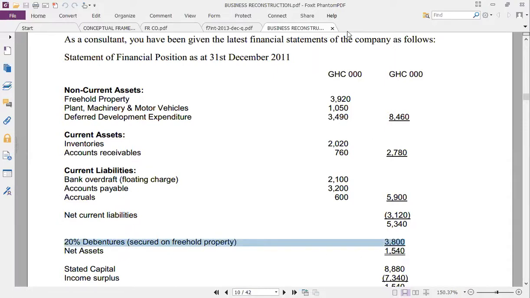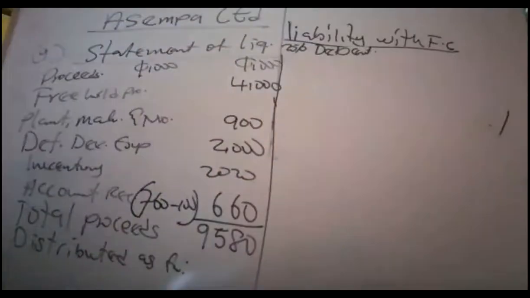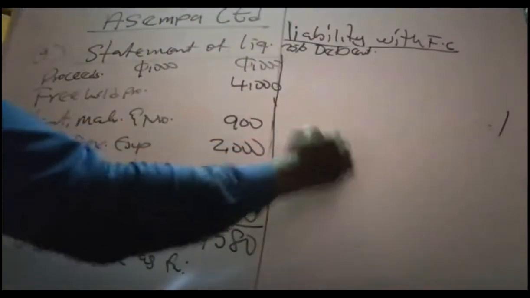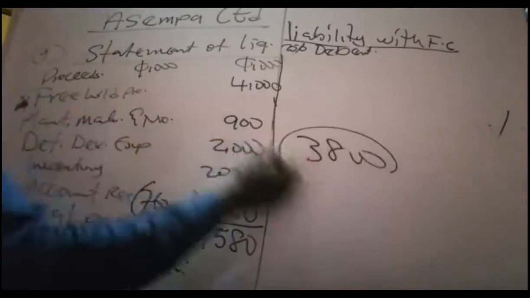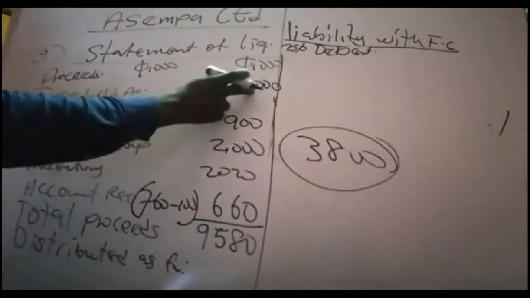We owe 3,800. It was secured on the freehold property. So check whether the amount that you derive from the freehold property will be enough to settle this liability. Here they sold it for 4,000.